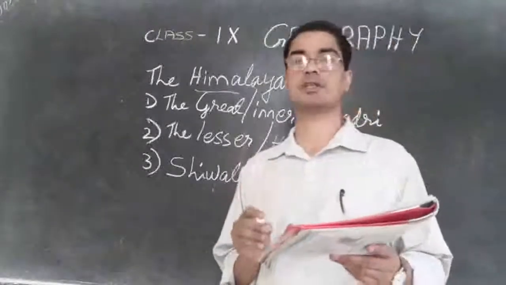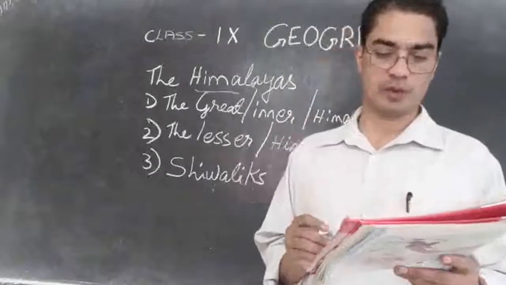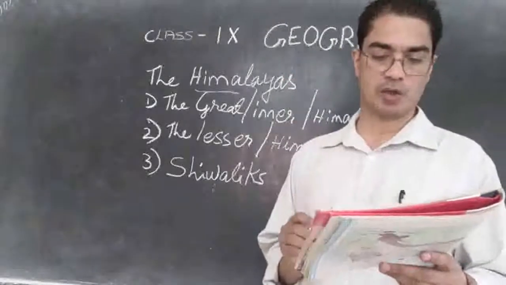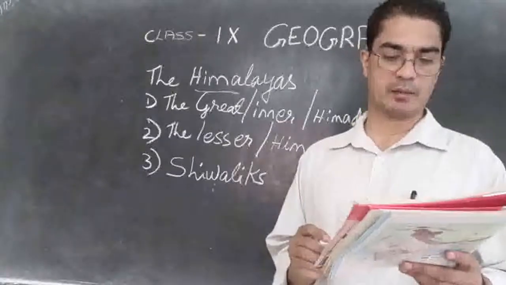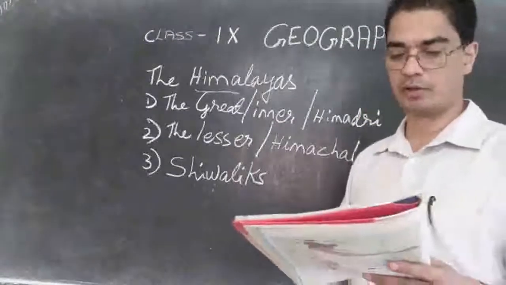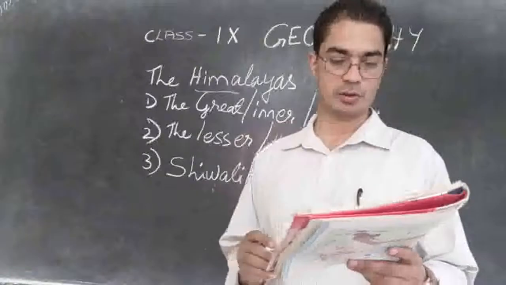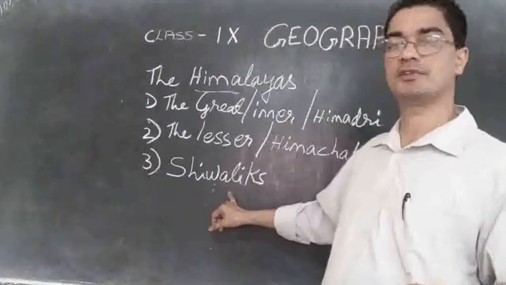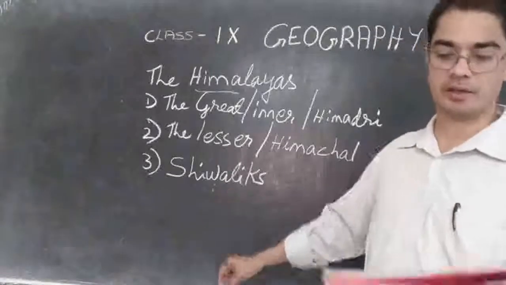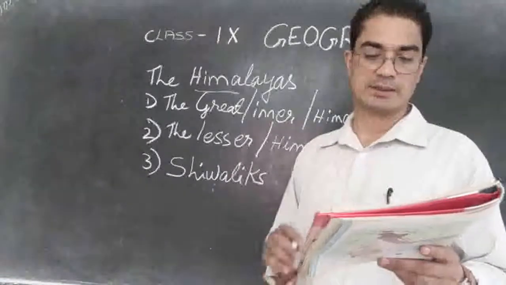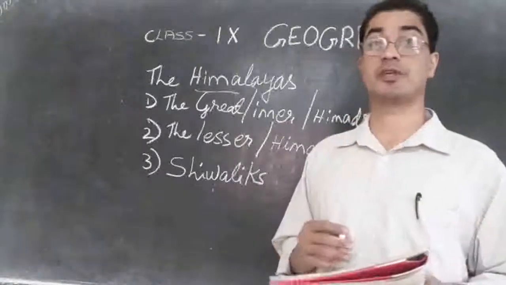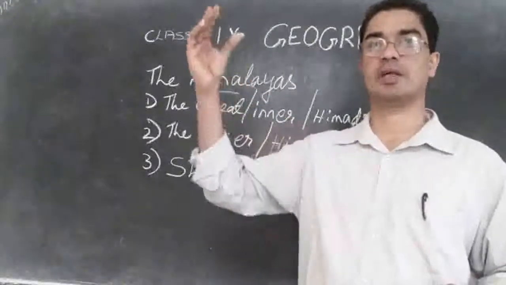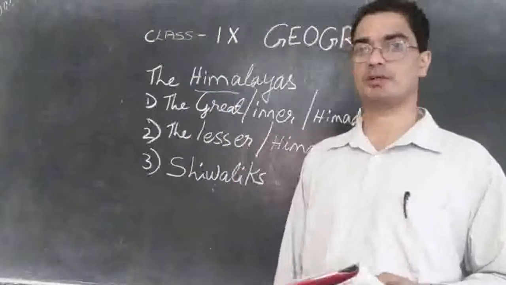And these ranges are composed of unconsolidated sediments brought down by rivers from the main Himalayan ranges located farther north. So how are these ranges composed? The Shivalik ranges are composed of sediments. Sediments means the dust and the solid particles that are coming down from the top of the mountain.